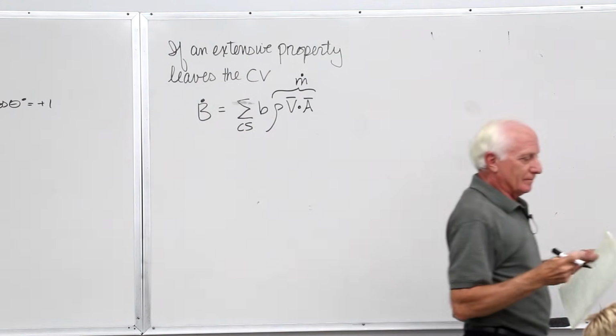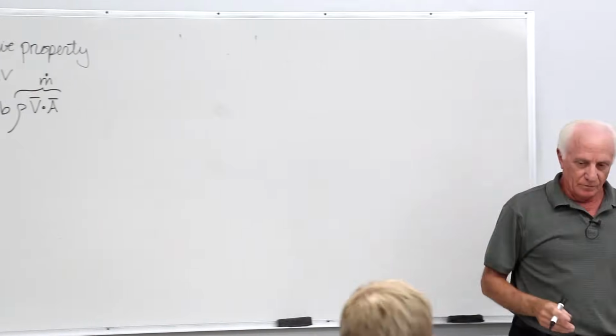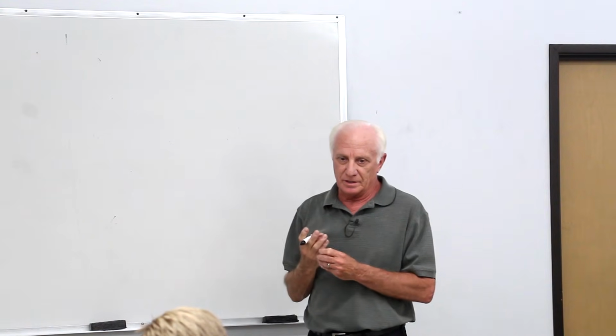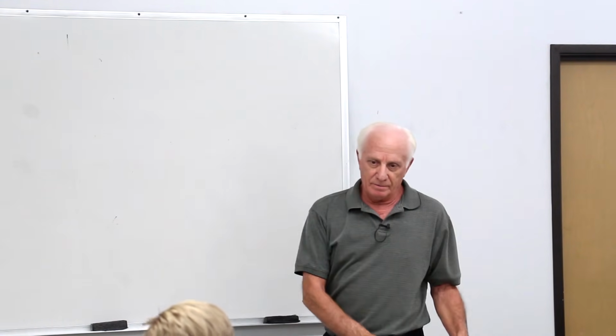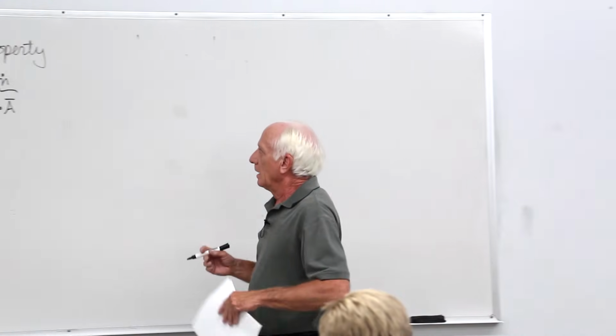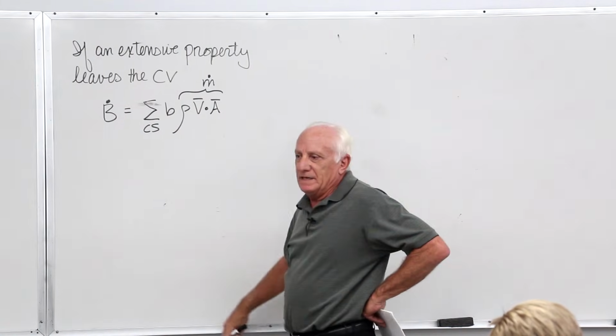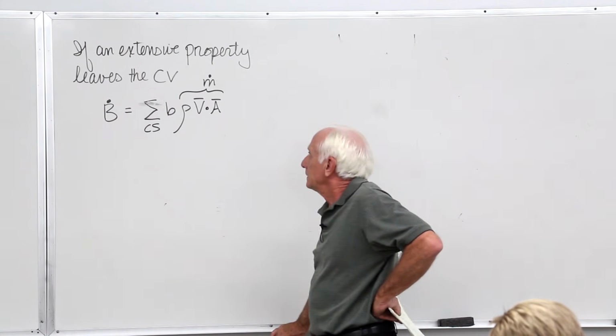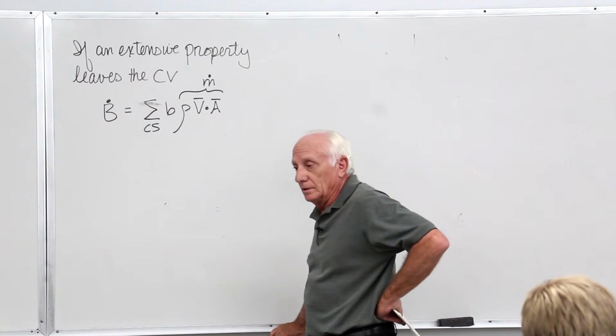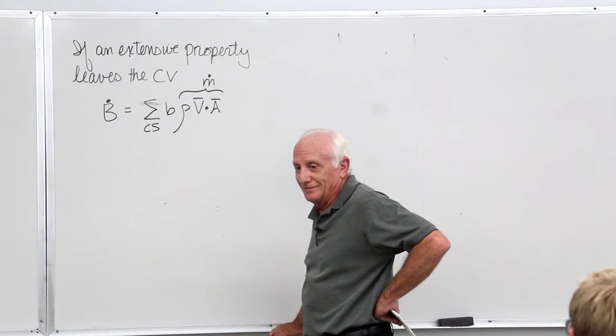B can be different variables. One of the most common ones is energy. We're going to do that in about 2 days, energy. So maybe capital B means energy. Little b is big B divided by mass.